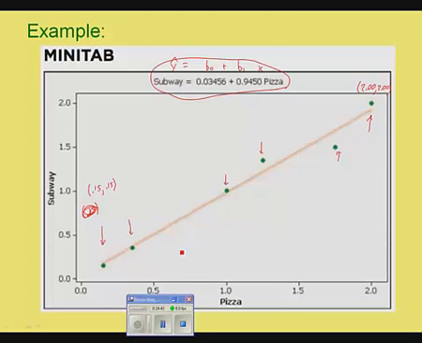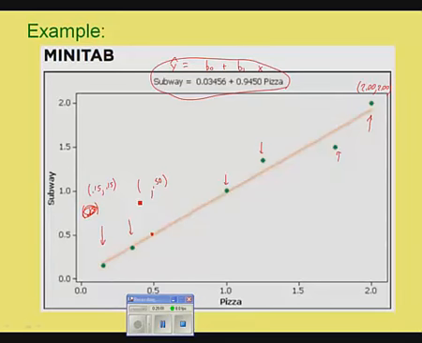So what you might say is this: hey, I wonder what happened when the subway fare, which is my y value, was 50 cents. What do I think the x value was?